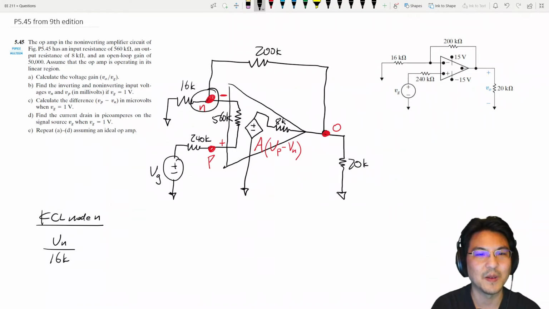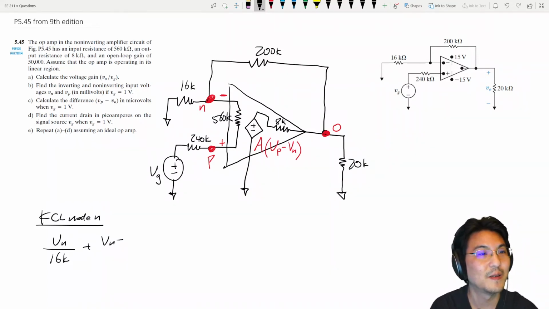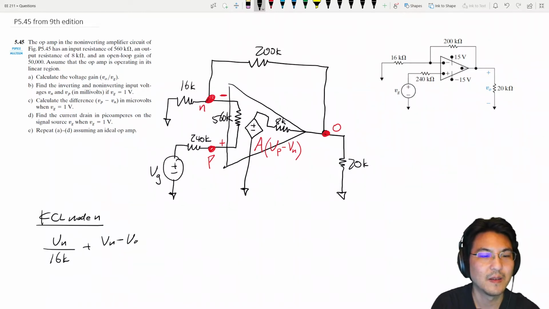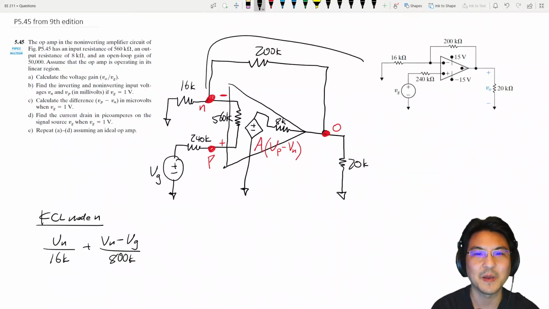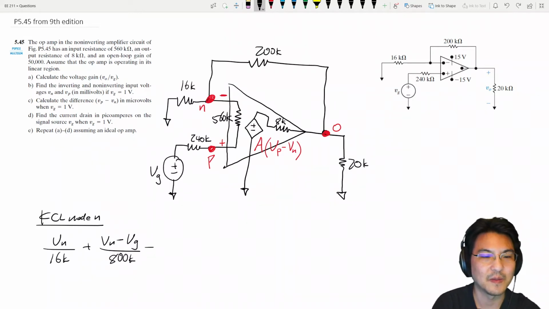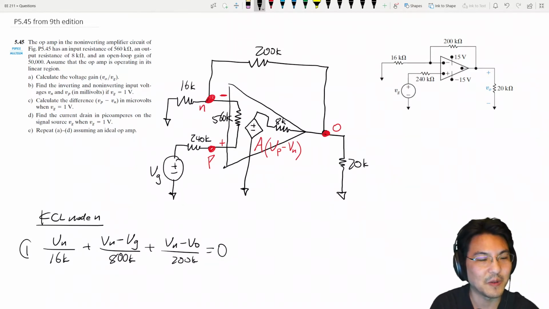So let's go from here all the way to over here. So that would be Vn minus Vg, right, from here to here, over 560 plus 240 is 800. Okay, and then let's go this way. So Vn minus Vo over 200K. All right, so we have one equation.